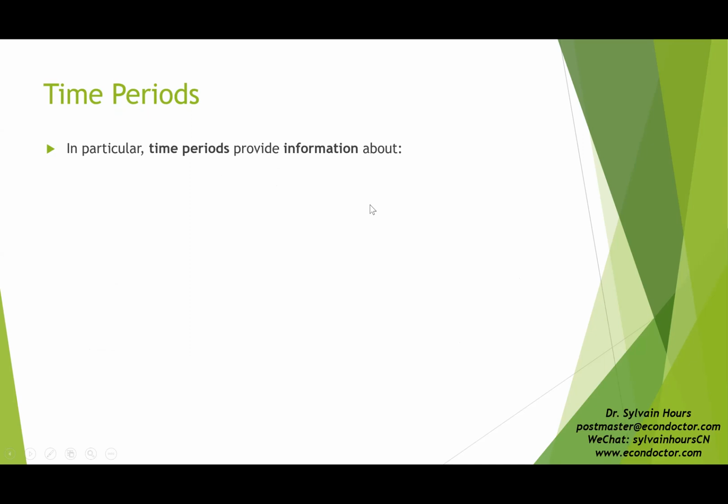And in production theory, if you choose a given time period, it's going to give you information about 2 things. It's going to tell you whether or not firms can change the quantity of a factor of production that they use. Can I change the number of workers that I have? Can I change the number of machines that I have? That's essentially the first thing.